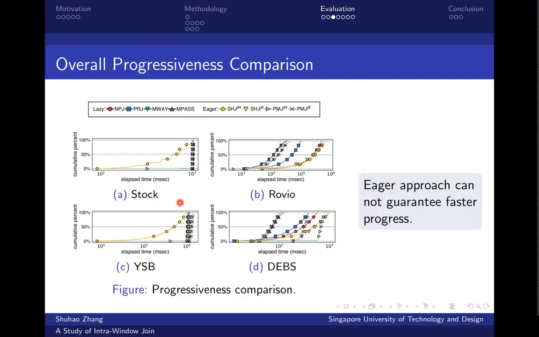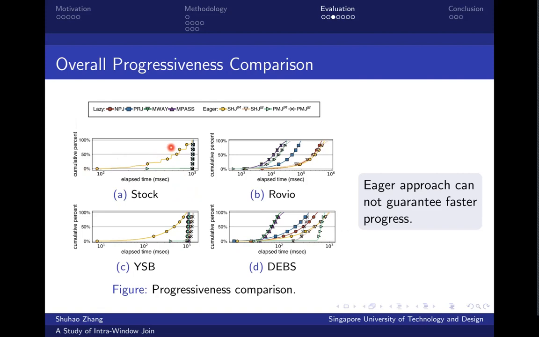This figure shows the comparison of progressiveness of different algorithms. The eager approach, which is implemented based on the specifically designed stream join algorithms, is able to generate matches without waiting for all input tuples to arrive. As shown in this figure, in Stock, the SHJ-JM algorithm is able to generate matches progressively along the way.